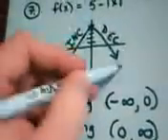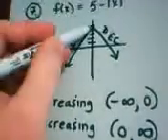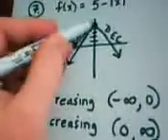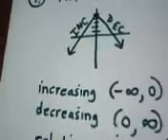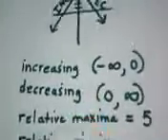Now, when you're asked for a relative maximum, you're sort of playing king of the hill. Who's on the top of the hill? Well, what y value is on the top of the hill here is the y value of 5. So we have a relative maximum equal to 5, and it occurs when x is 0.